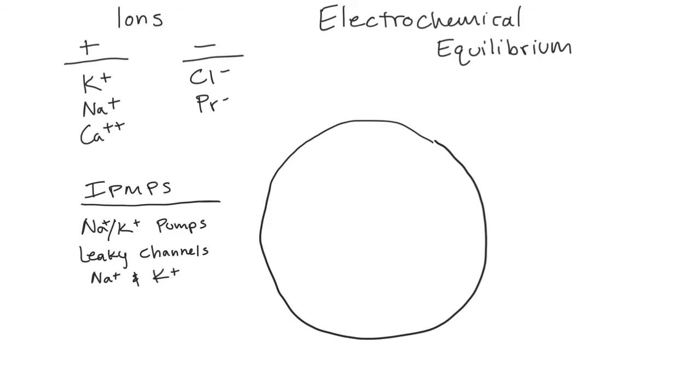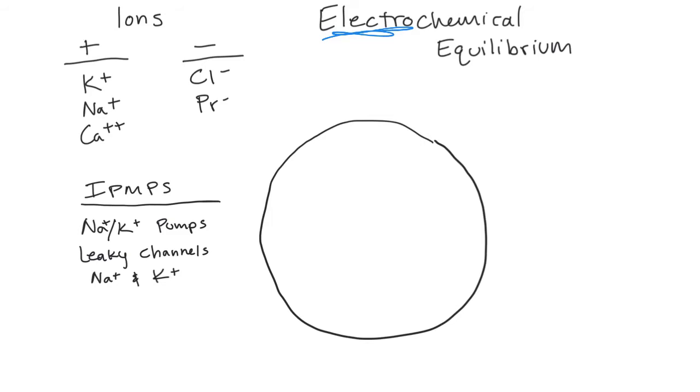It's going to have a certain amount of ions in greater concentration inside or outside the cell. And we've got negatively charged ions and positively charged ions. These aren't all the ions, but these are the major contributors to the difference in charge. That's what we're talking about with the electrical part.